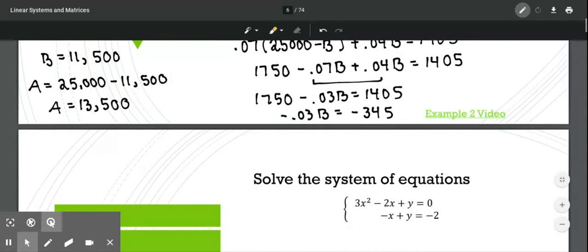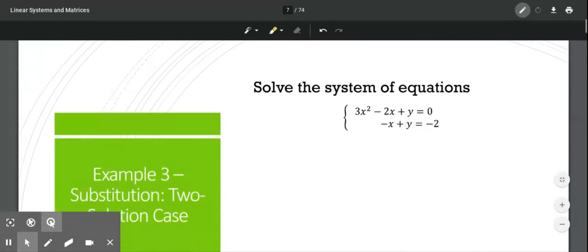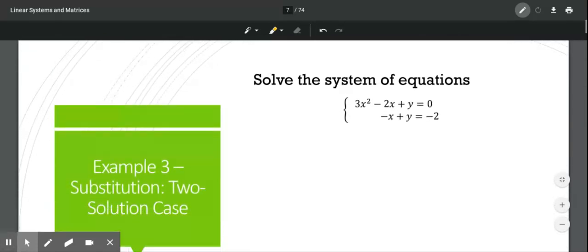All right, so our next problem is looking at a system of equations that are not both linear. This first equation is actually quadratic, so it is a parabola, and the second equation ends up being a line. And we're going to find the two places in this case that these equations intersect using substitution.